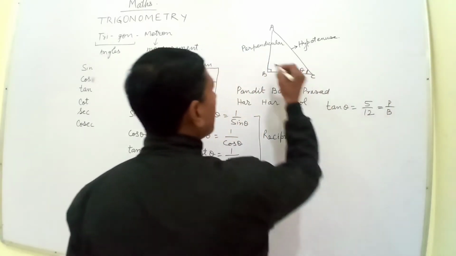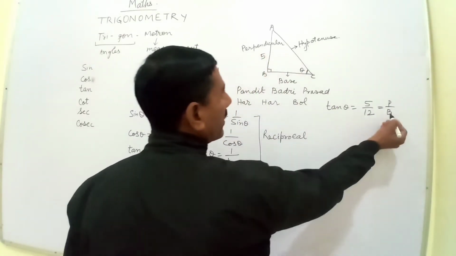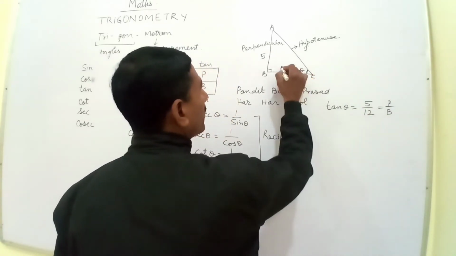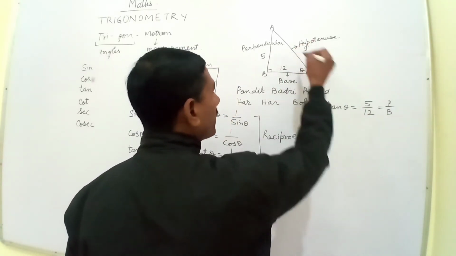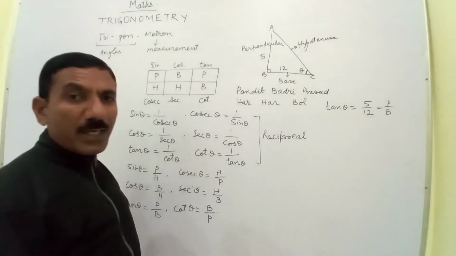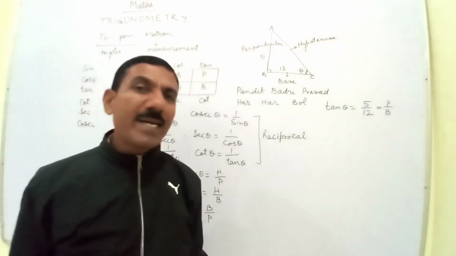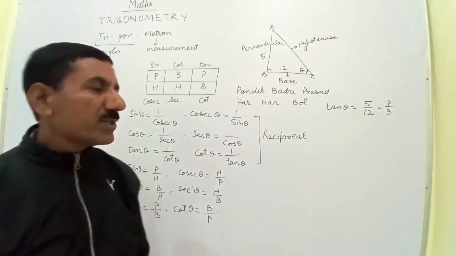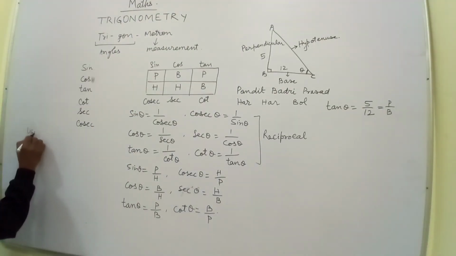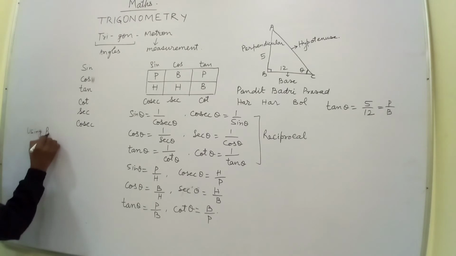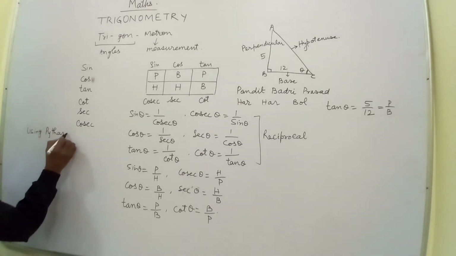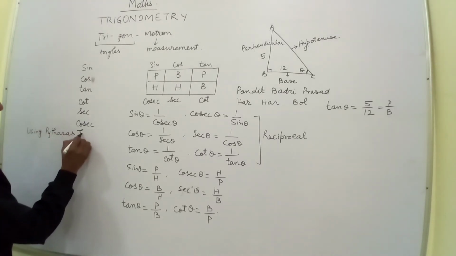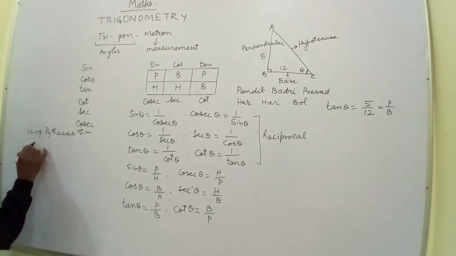Now 5 is the perpendicular and base is 12. So what is the hypotenuse? If you have the hypotenuse, then you can find all 6 trigonometric ratios. Since the triangle is right angled, we use the Pythagoras theorem.